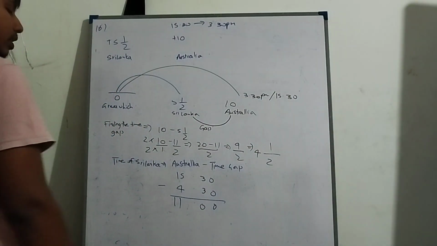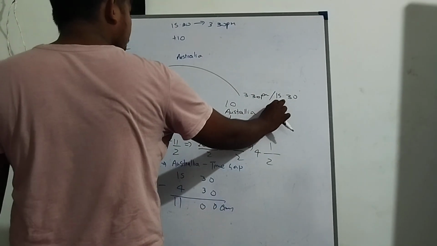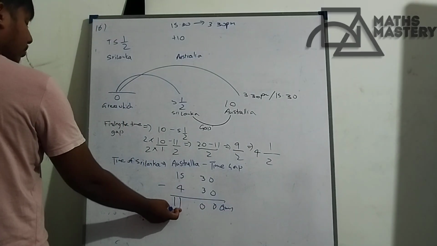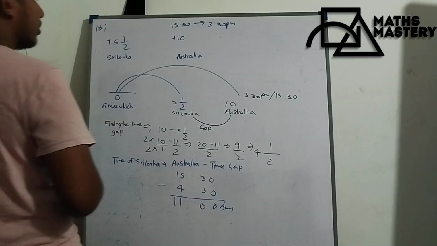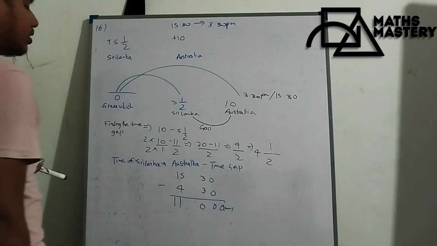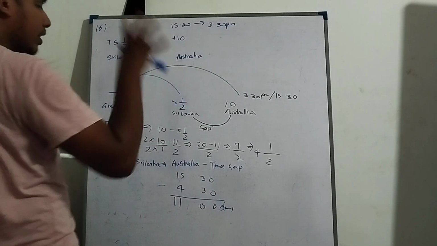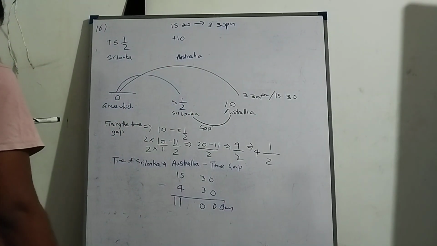So when the Australian time was 3:30 p.m., Sri Lanka's time is 11 a.m. That is the answer to the time lesson question. I gave you deep knowledge about this so that you can understand the theory as well as do the question.